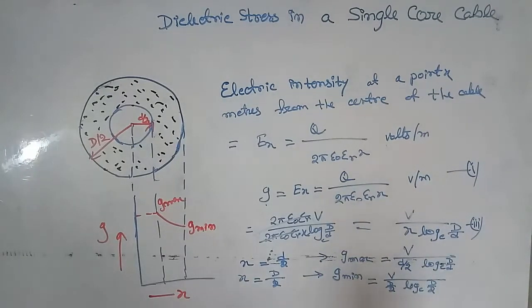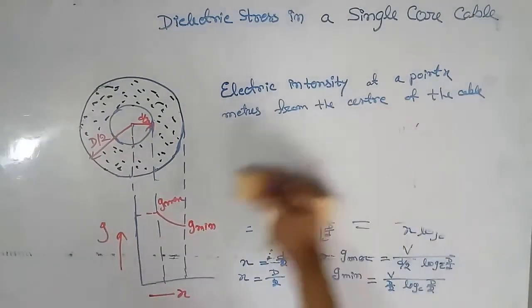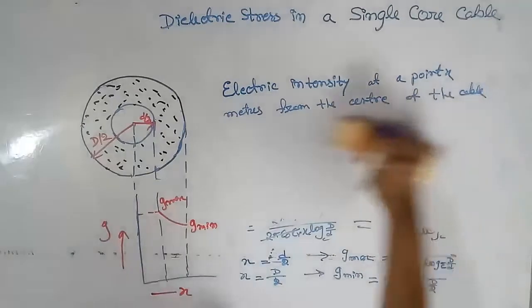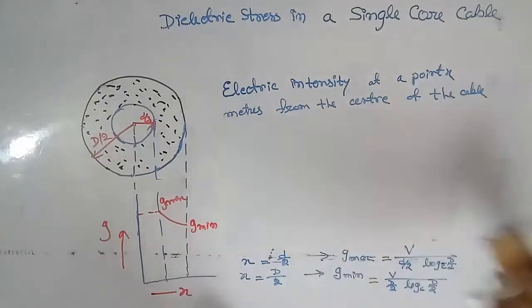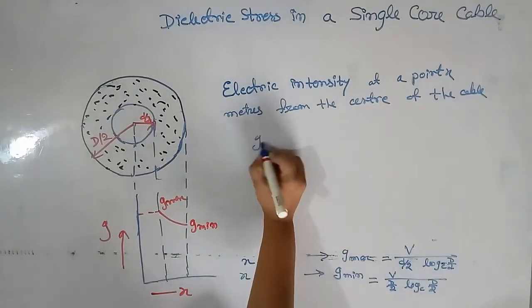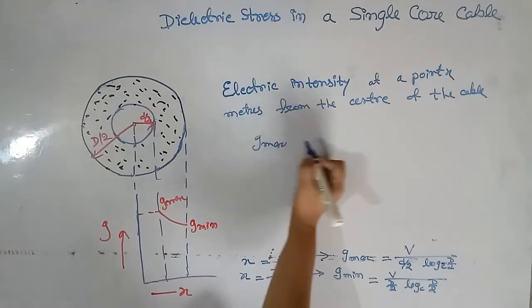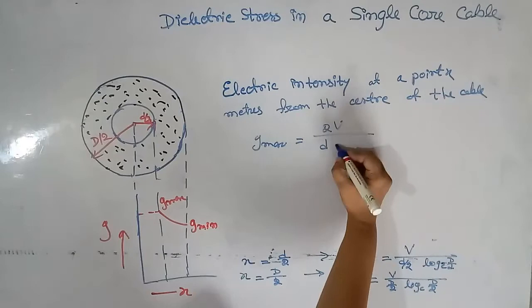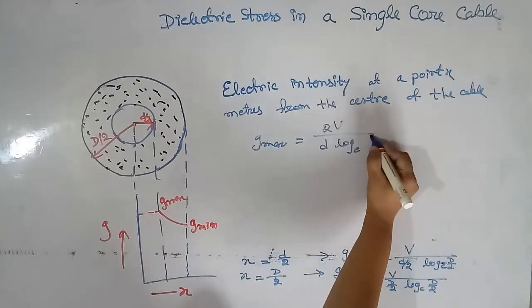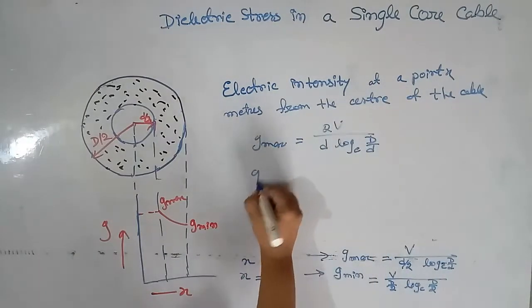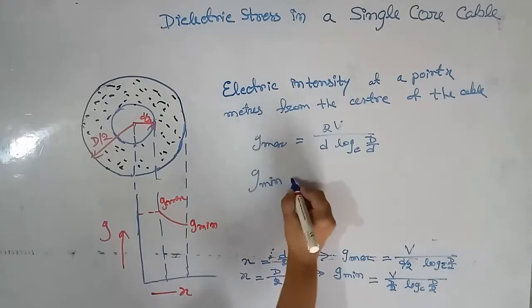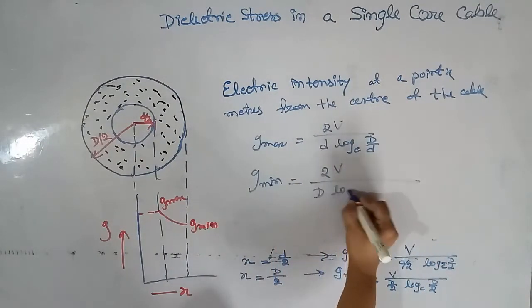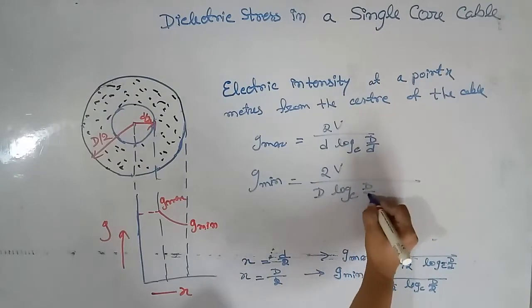So what is the value of G max? G max is equal to 2V by small d log e D by d, and G min is equal to 2V by capital D log e D by d.